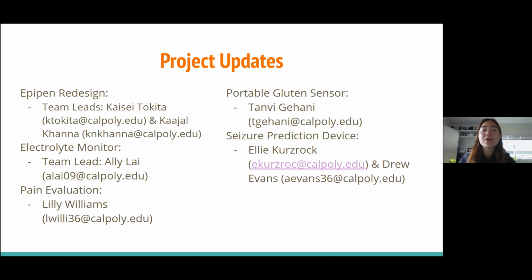The pain evaluation project, which is about developing a more objective way to communicate pain in a healthcare setting. The portable gluten sensor, which is a portable device that can detect gluten even in foods where it's harder to detect, like fermented foods. And then we have the seizure prediction device, which is meant for people that have seizures to know that they're coming on before they happen.